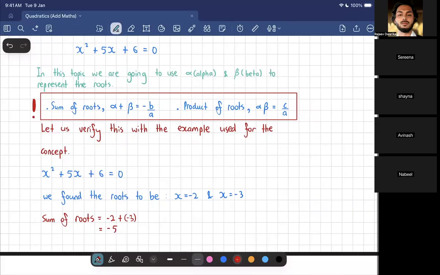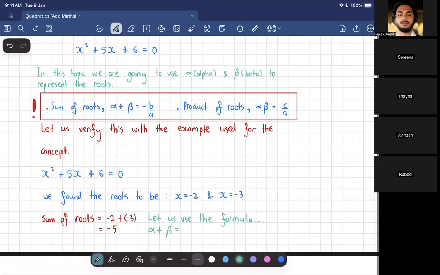But what would happen if we use the formula? So according to the formula here, the sum of the roots, alpha plus beta, would be minus b over a.